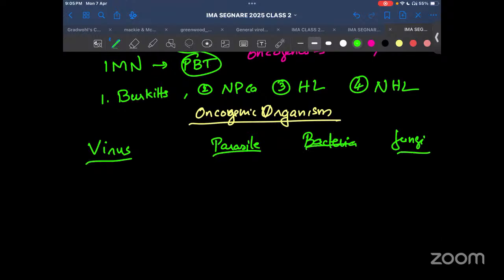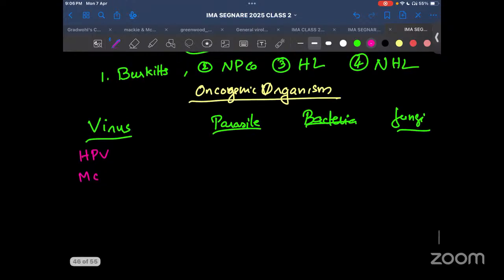Now, the most important oncogenic viruses are human papilloma virus, then Merkel cell virus, which causes Merkel cell carcinoma. Then we have Epstein-Barr virus that we discussed. Then HHV8, the Kaposi sarcoma virus, causing Kaposi sarcoma.